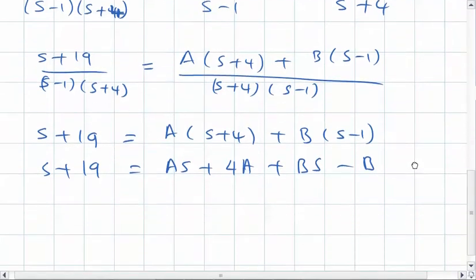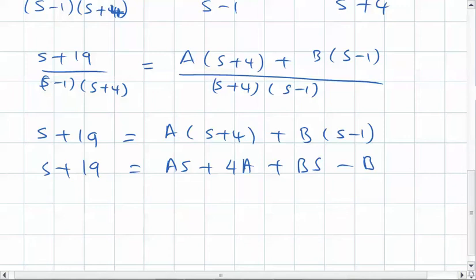All right, so that's that. Now let's look at what we can do here. So I see that the s on the left hand side has a coefficient of 1 in front, so 1 is equal to, on the right hand side, the coefficient is a here and b here, so we will get a plus b.